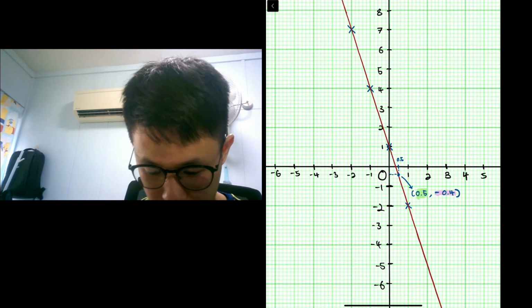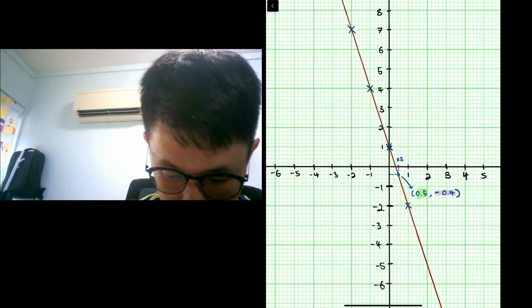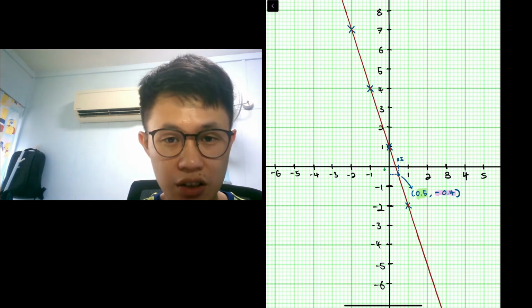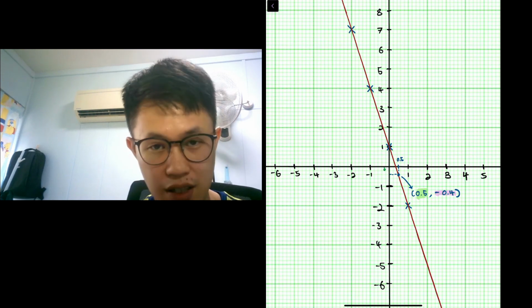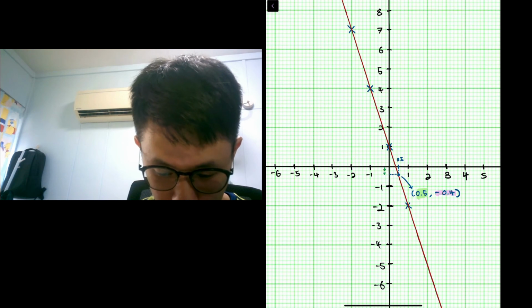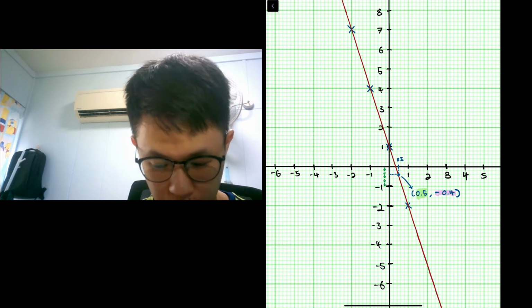How do I get negative 0.4? Again, let me show you. Because at this stage, here is 0, and every smaller box downwards is 0.2 units. So this is negative 0.2, negative 0.4, negative 0.6, negative 0.8, and then finally negative 1.